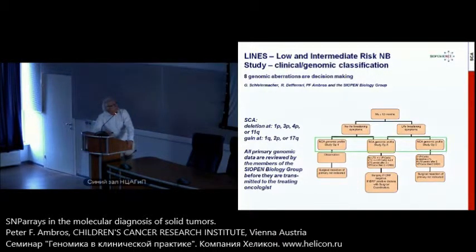And if there are no life-threatening symptoms, then there's a clear discrimination between tumors without segmental aberrations and tumors with segmental aberrations. These tumors get a treatment, a chemotherapy, whereas these patients don't get chemo. So it's a clear decision-making process, and it's now running in Europe currently in 7 countries.